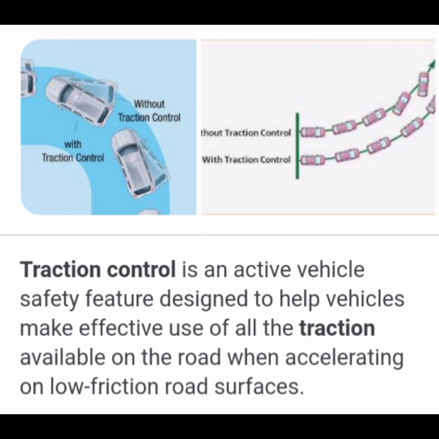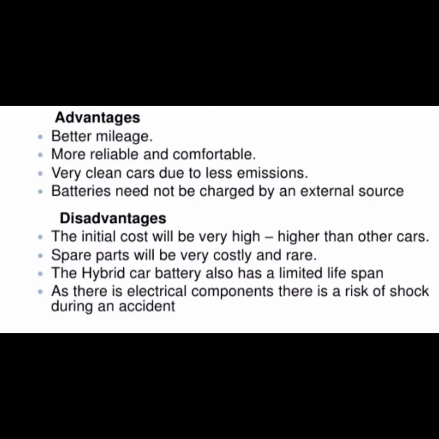The picture shows the vehicle with traction control. With traction control, the vehicle is moving in the correct direction. Without traction control, it is moving in the wrong direction of the road.